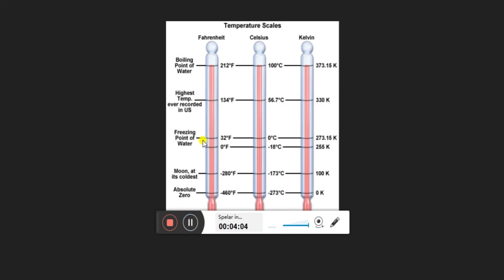And here you can see the freezing point of water, that is 32 degrees Fahrenheit, 0 degrees Celsius, and 273 Kelvin. This one will be the equivalent.